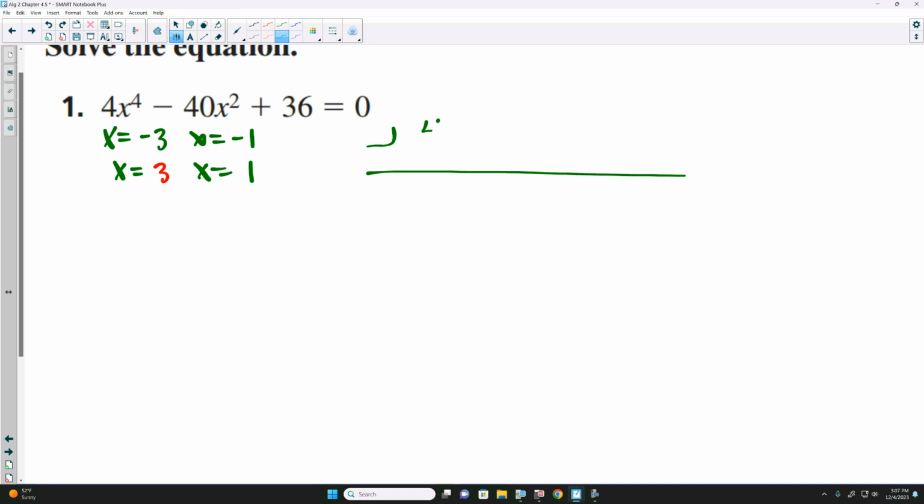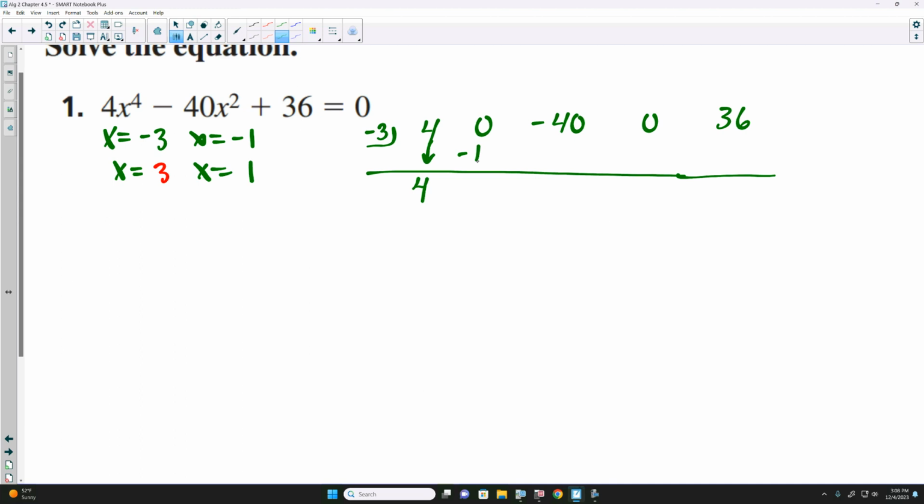So across the top, we'd have 4, 0, negative 40, 0, 36. Which one do we want to try first? Negative 3. So we'd go through the process.